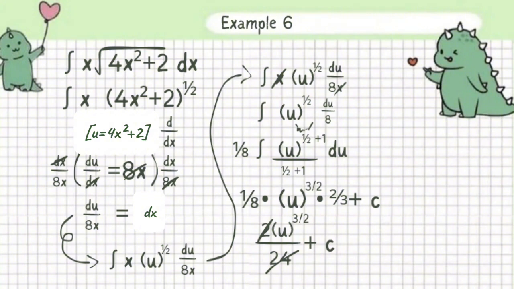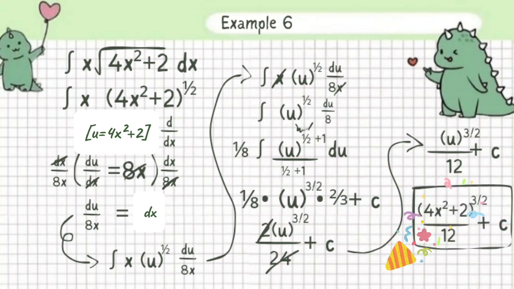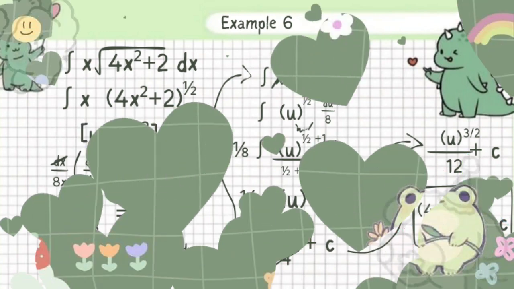As we can see, we can cancel 2 and 24. So we will be left with u raised to 3/2 over 12 plus c. To get our final answer, we will substitute u back. So our final answer would be (4x squared plus 2) raised to 3/2 over 12 plus c.